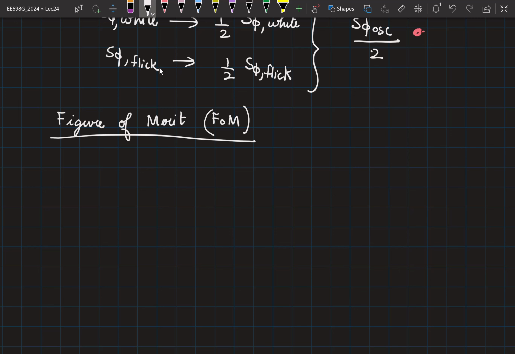Now, you can have different figure of merit definitions for different circuits. ADCs will have its own figure of merit, oscillators will have its own figure of merit, etc. So, I'm going to give you the expression for the figure of merit of an oscillator that takes into account this power phase noise trade-off. Okay. So, this will be equal to 1 by power into phase noise into F0 by F the whole square.